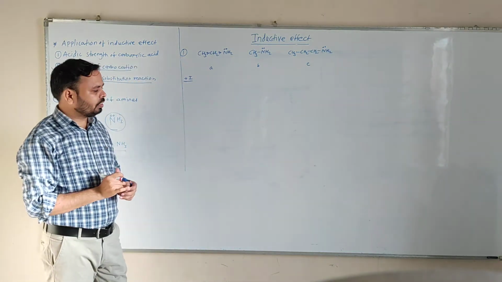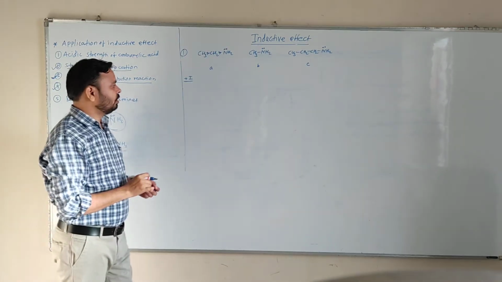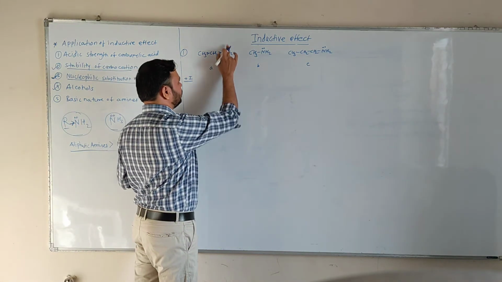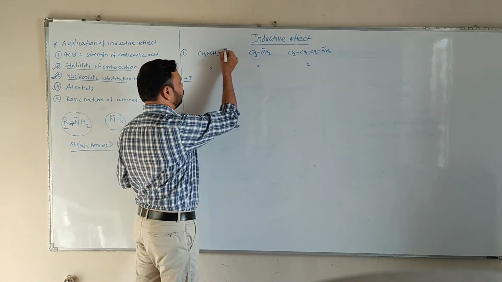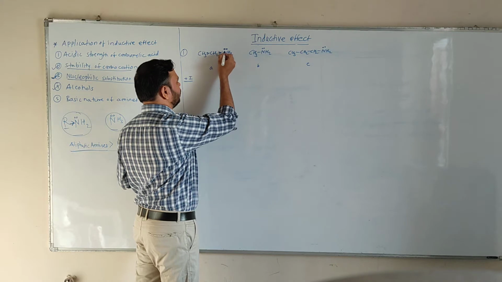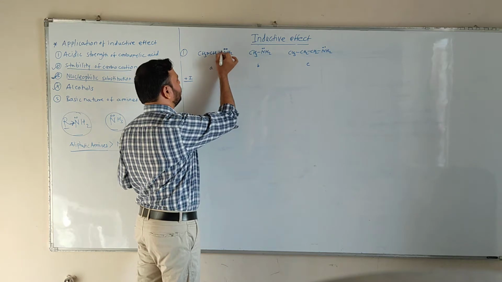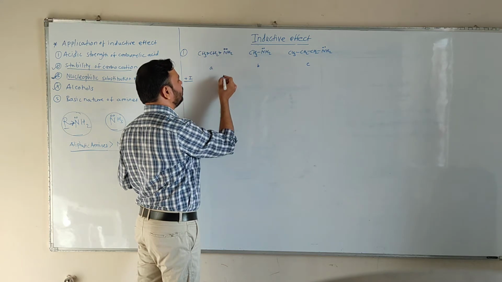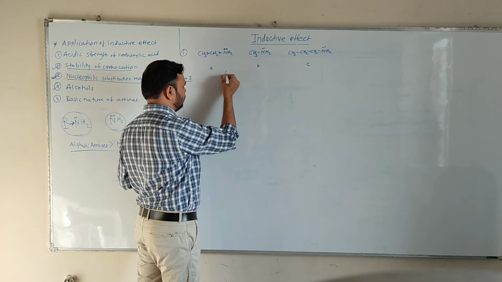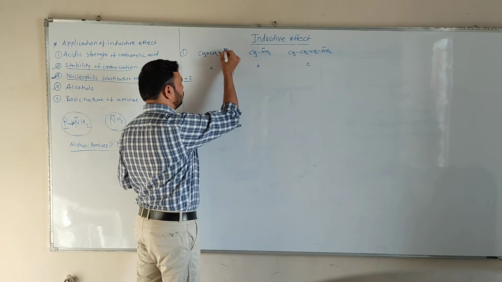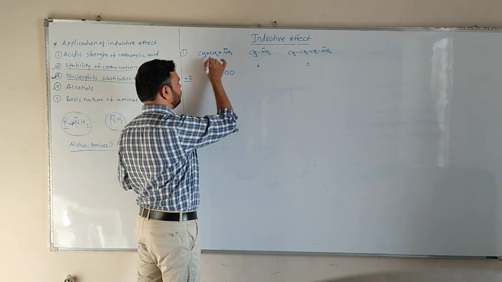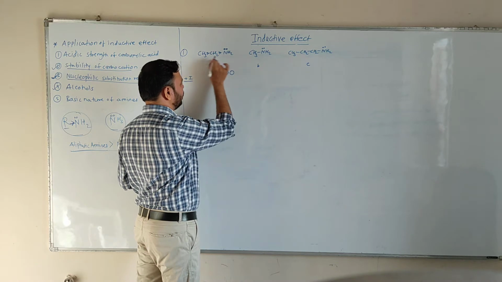In this plus I effect, the electron density increases. So in this case, the lone pair, that is the electron on the nitrogen, which has the donating groups, that is CH3CH2, the electron density of nitrogen will increase. Likewise, this is electron density. A small charge becomes a big charge due to the donation of electrons.